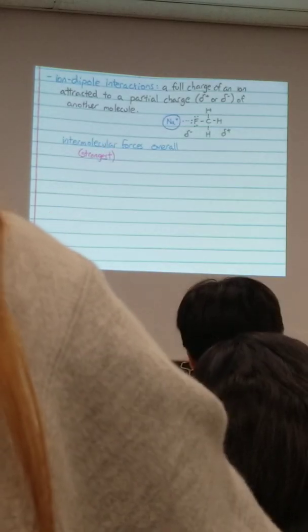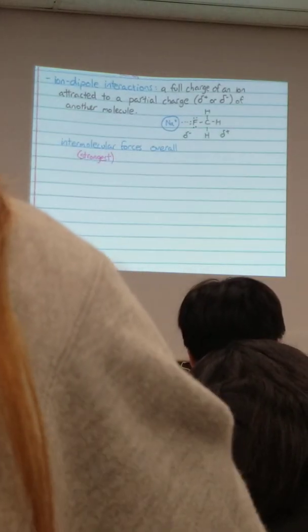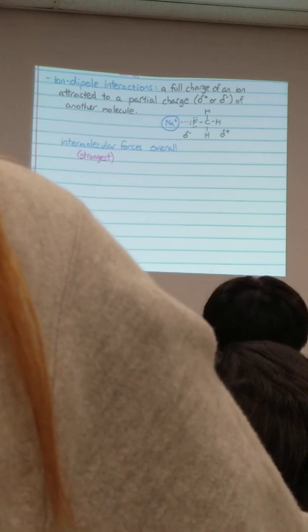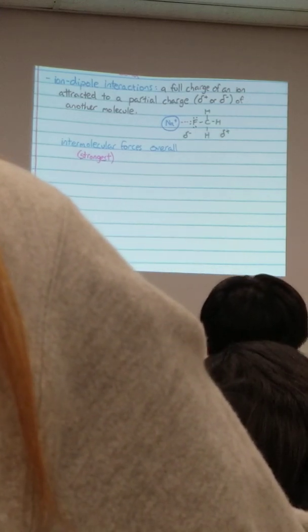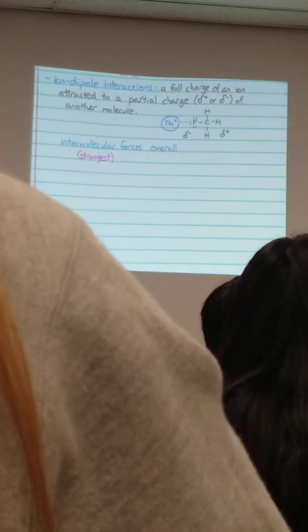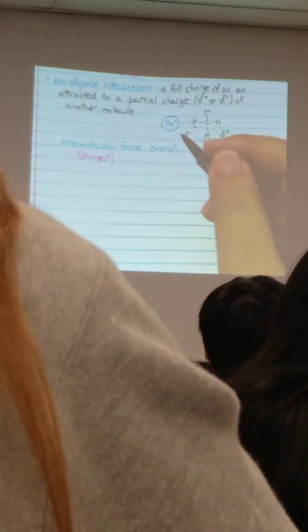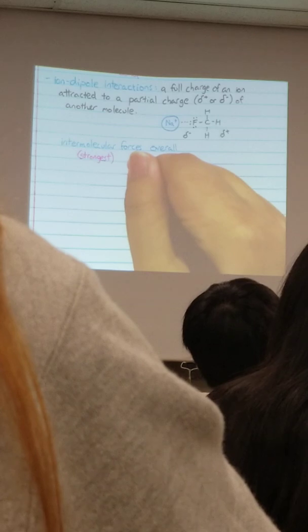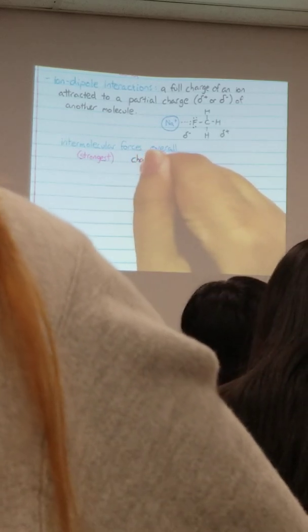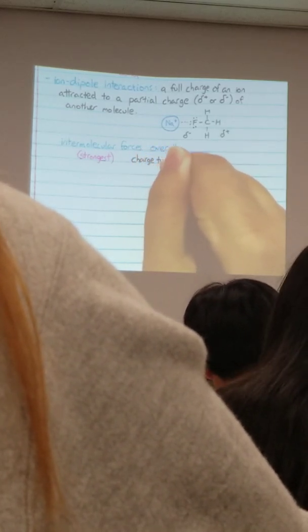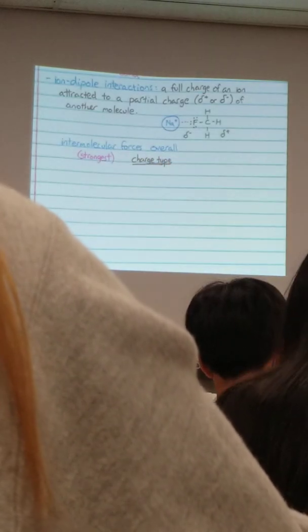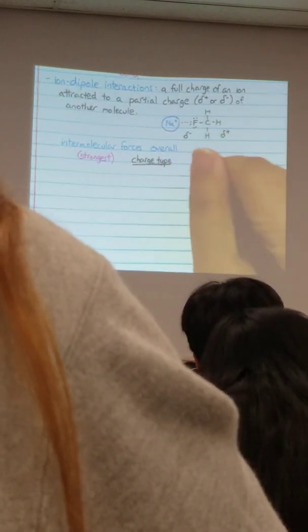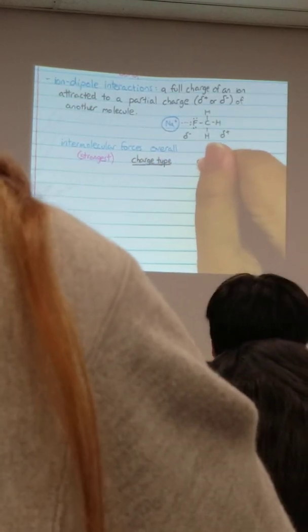So I'm going to list all of them going downward to the weakest one. Okay, I'm going to have another column that deals with charge type. And then I'm going to have another column, for now, it's going to be just called duration.